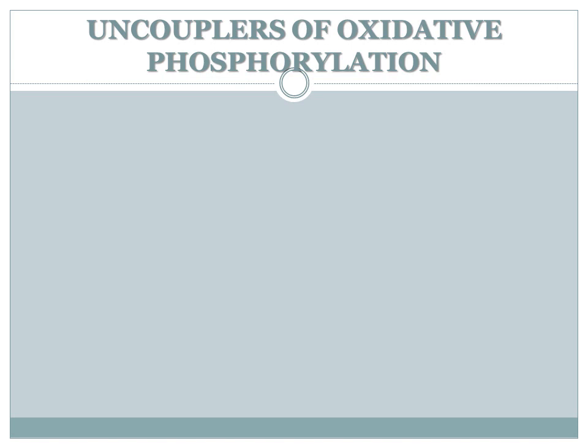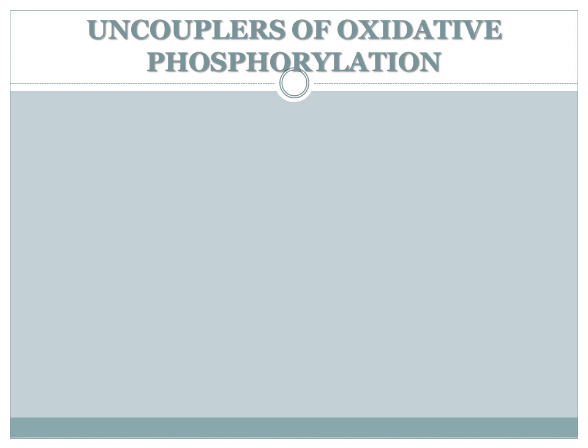In the previous slide, with inhibitors, we saw there is no flow of electrons wherever that chemical is binding. Stoppage of flow of electrons. Here electrons are flowing, oxygen is utilized, but ATP is not formed. So it is uncoupled. Electron flow is uncoupled to ATP formation.